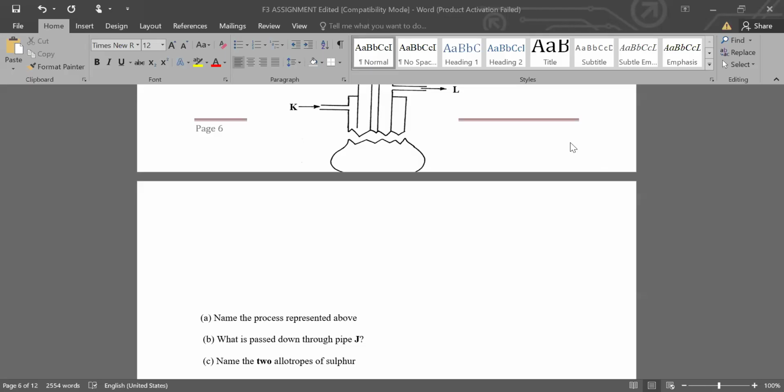Diamond is tetrahedral, and then graphite is in layers. Those are other examples of allotropes that we have come across. We move now to the next question, the question below.